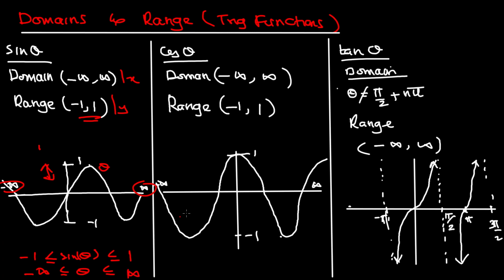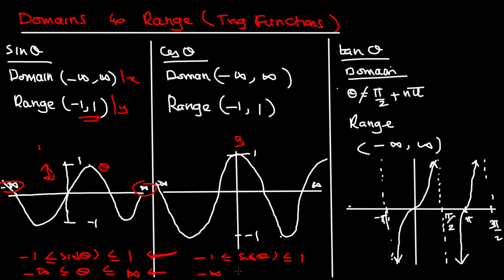Similar thing applies to cosine. It'll be similar, where we'll have this aspect and that aspect. So meaning that we'll have -1 less than or equal to cosine theta, and this, like I said, could be y, because this is y, then less than or equal to 1.